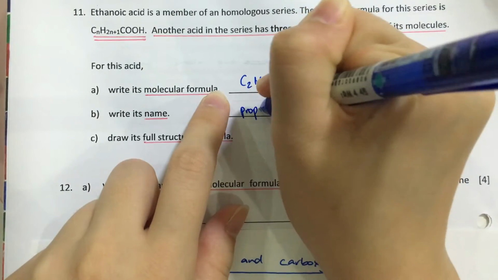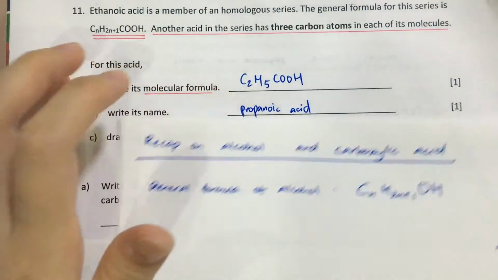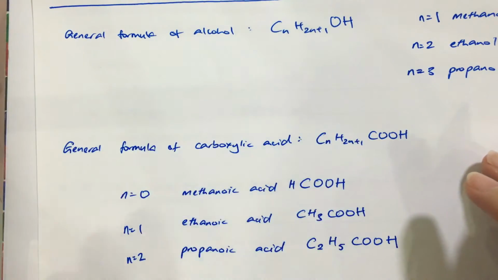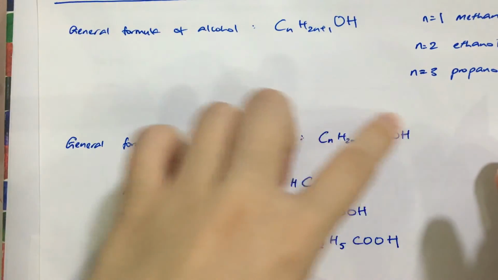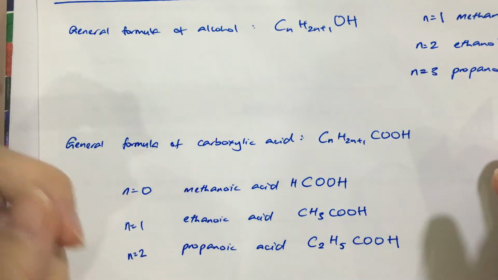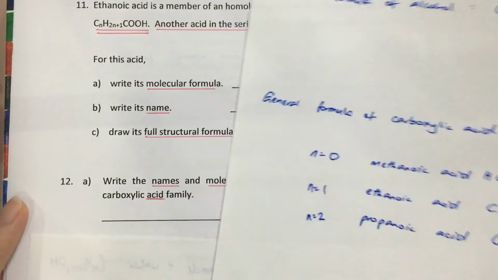So propanoic acid. If you are unclear, always have something like that prepared for you, especially for acid, because the acid one is the very tricky one where n starts at 0. So have this written somewhere on your assessment paper the moment you get it. Then you can always refer to it so you don't make mistakes.